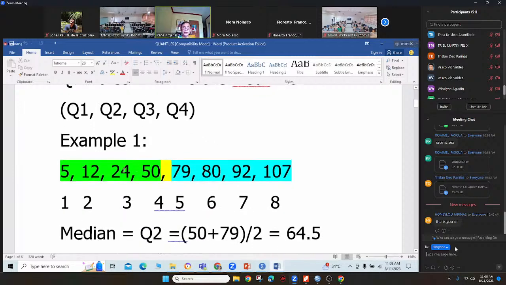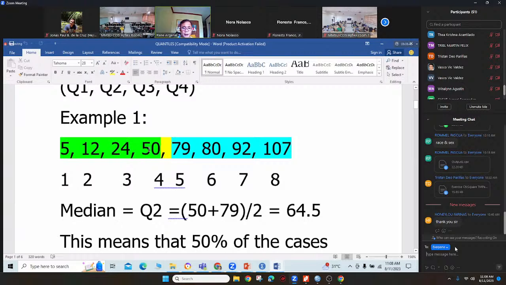So for example, you have your data set here. Of course, you have to arrange it first from lowest to highest, and then the first thing that you have to do is locate the median. Since there are 8 observations, the middle is here. Since we have an even number of data, our median is the average of the 2 middle values, which is 64.5.